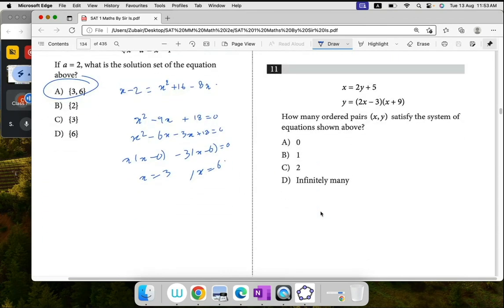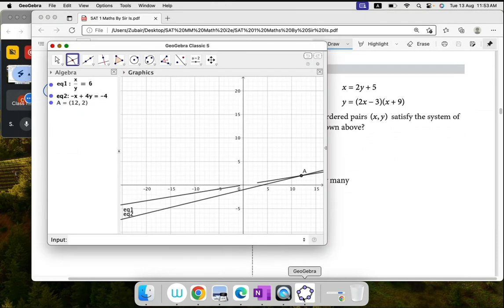How many ordered pairs satisfy the system of equations shown above? So one is a guess that there should be two because one is quadratic, the other is straight. And it could be 0 if they are not intersecting. It cannot be one, maybe one if it is tangent, and infinitely many. So I'm not going to solve it.